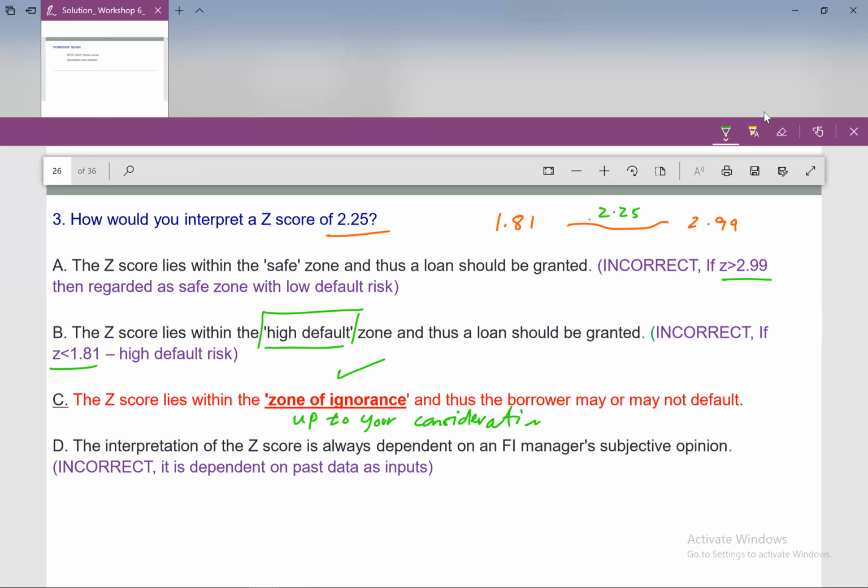You may discuss it with your bosses. They may bring it to the ALCO committee, which is the Asset Liability Committee, if it is a big loan. This customer is not very strong. You cannot compare this with somebody who has a Z of something like 5 or 6.